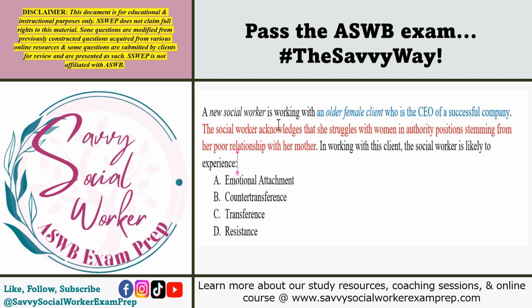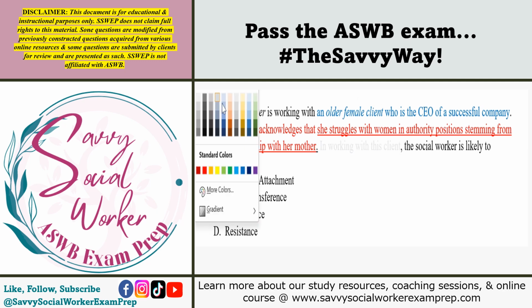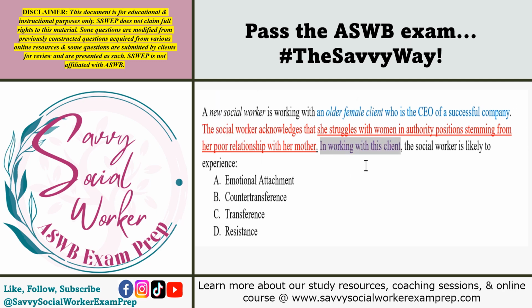So she's a new social worker and she gets this older female client who is a CEO of a successful company. The problem is that she struggles with women in authority positions because she had a negative experience with her own mother. So the question is asking us, in working with this client, to pay attention to this snippet, because your answer is going to be based off of this snippet in addressing the priority problem.